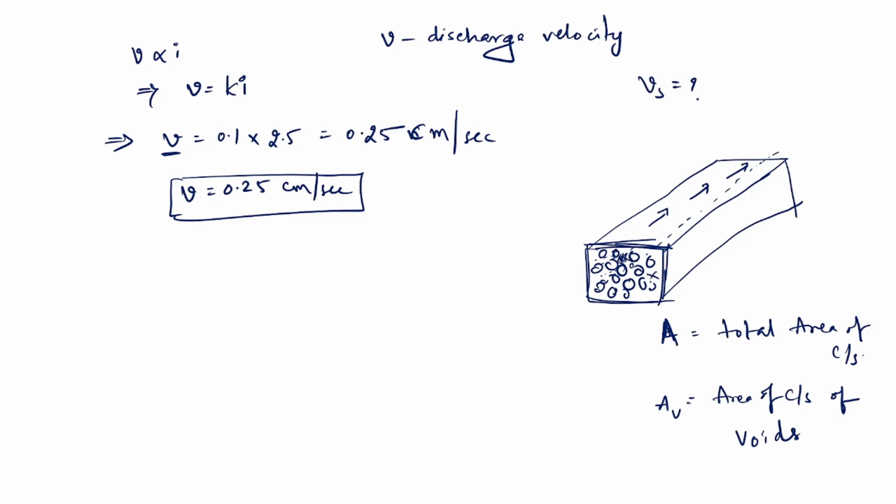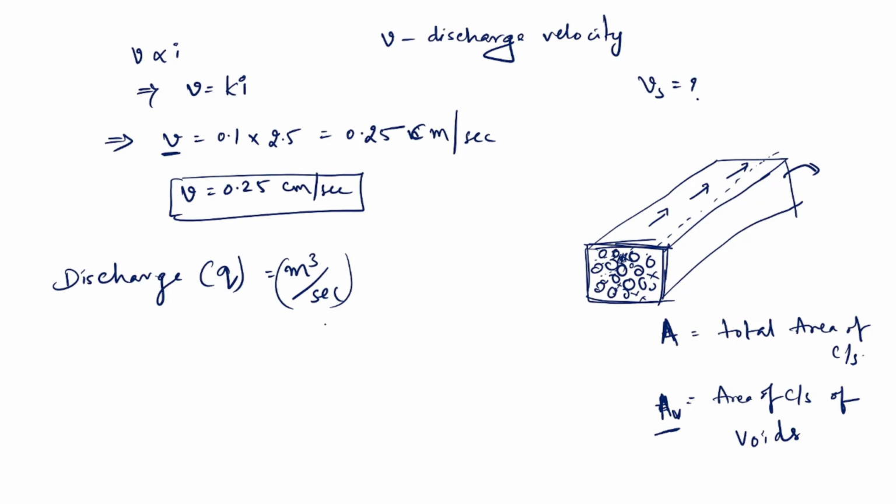But here, the discharge, whatever water is collected here, is generally denoted by Q. This Q is meter cube per second. So how much volume of water is collected in a particular time, that is called discharge.